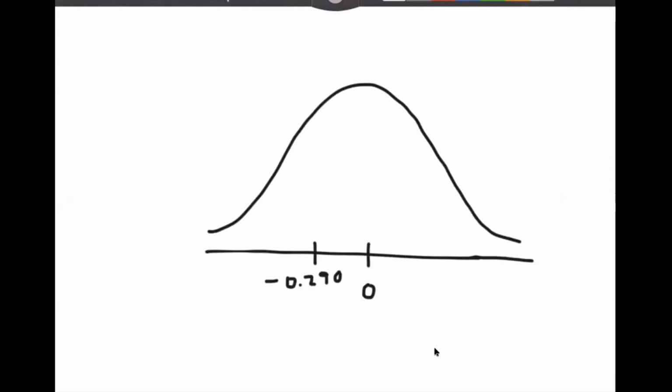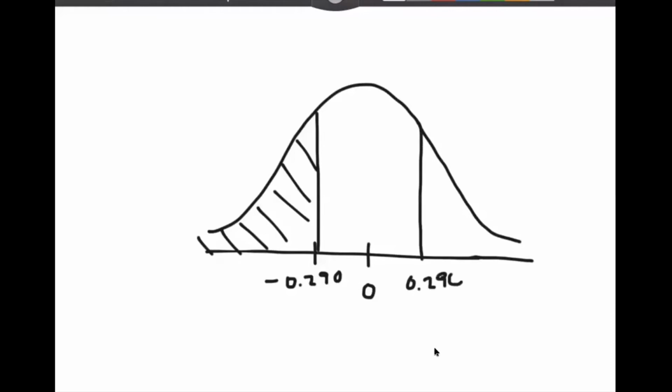Our p-value is the area to the left of that value. But because table A3 only has positive t-values and right tail areas, I'm going to use symmetry to instead talk about the area to the right of positive 0.290.